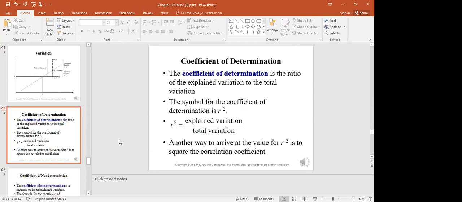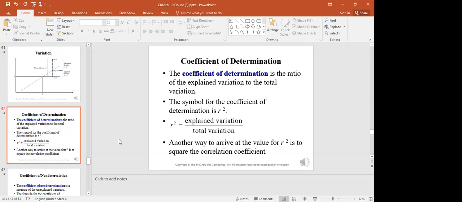The coefficient of determination is r squared, the square of r. It is the proportion of variation of the dependent variable that can be explained by the regression line and the independent variable. If you are asked to find the coefficient of determination, just square r.